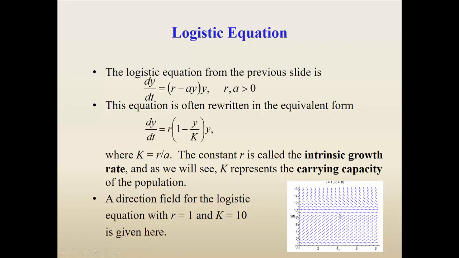This is the value where the population goes. And so this is a direction field when r is equal to 1 and k is equal to 10. You can see that if I have a positive population, which, okay, as long as you're not extinct, you're going to reach this value of 10.